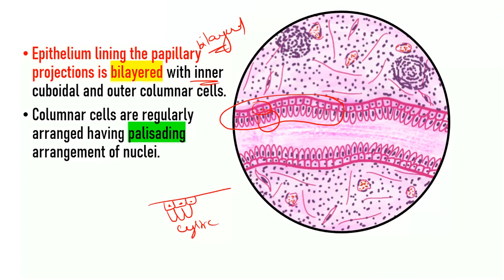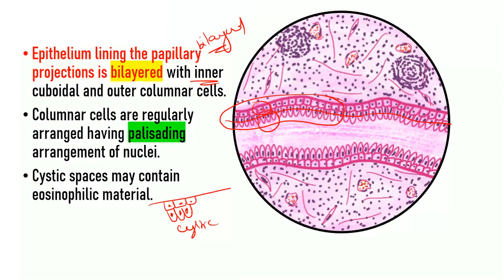In the columnar cells, the nuclei are arranged in a palisading pattern, right? So they're all arranged in one line, which gives it the palisading pattern appearance. Finally, the cystic spaces might contain eosinophilic material, right?